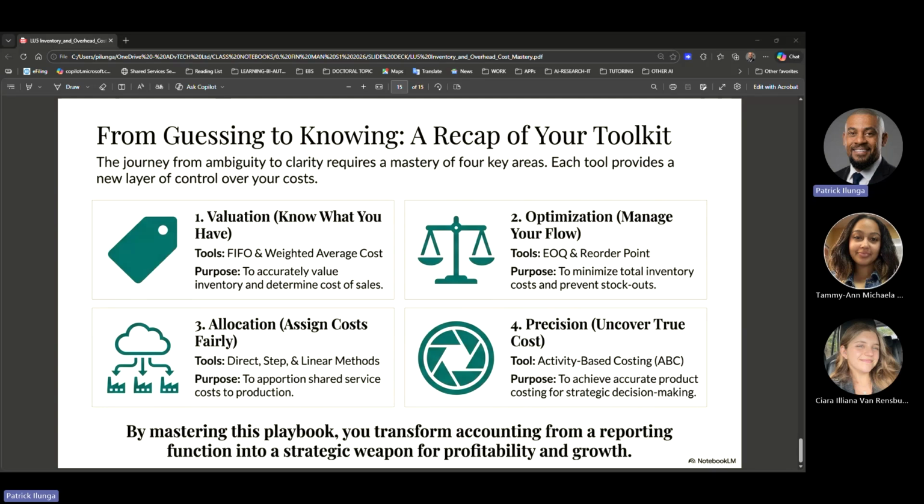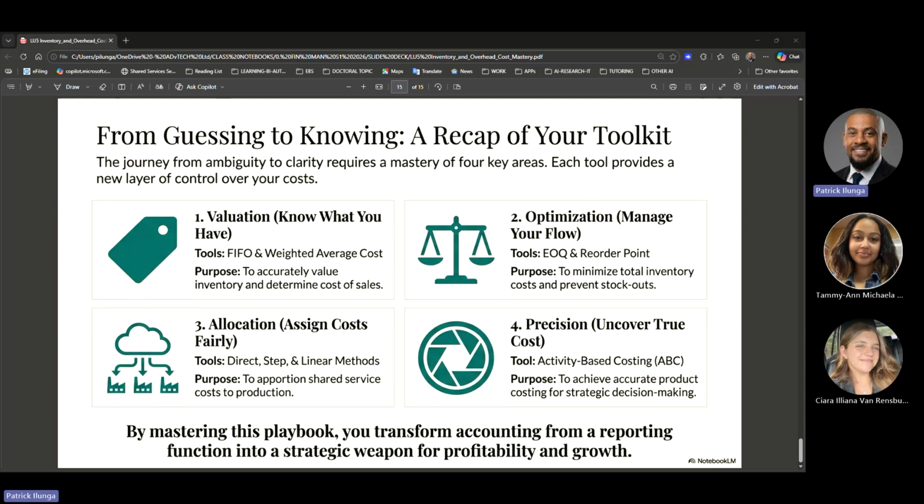The first thing will be the valuation, because we need to know what we have, especially in terms of inventory. The tools we're going to be using would be first in, first out, which I'm quite sure you came across in accounting, and weighted average cost.